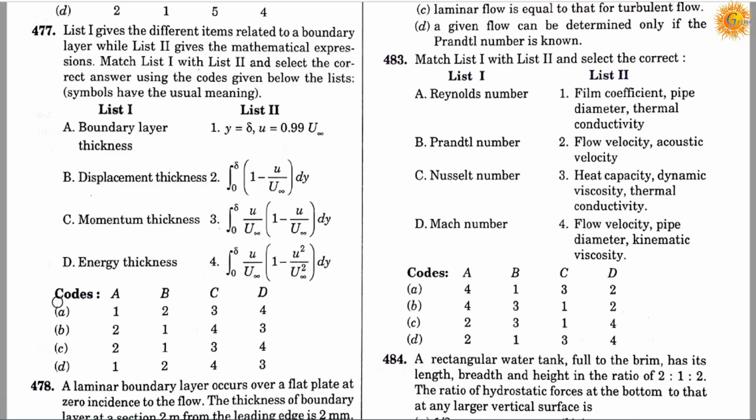So the correct answer is A, and according to A, the boundary layer thickness is y equal to delta, where u is 0.99 U infinity, and displacement thickness will be integration delta to 0 of (1 minus u upon U infinity) dy, and momentum thickness is integration delta to 0 of u upon U infinity, in the small bracket 1 minus u upon U infinity, dy, and energy thickness will be connected to 4, integration delta to 0 of u upon U infinity, in the small bracket 1 minus u square upon U square infinity, dy.